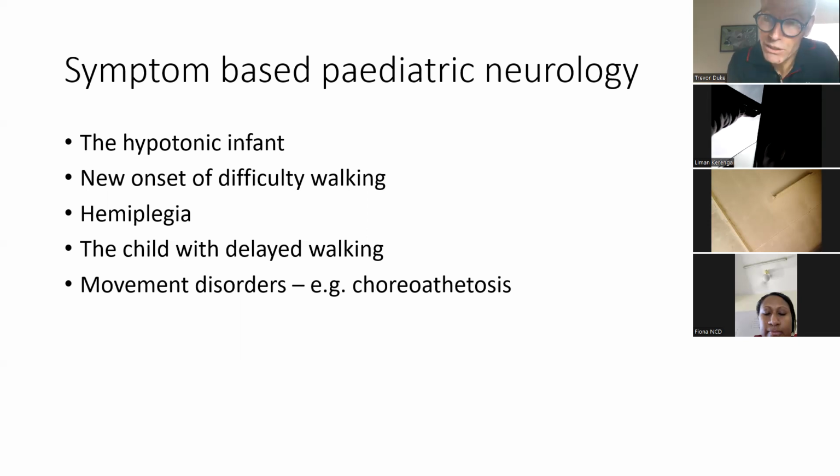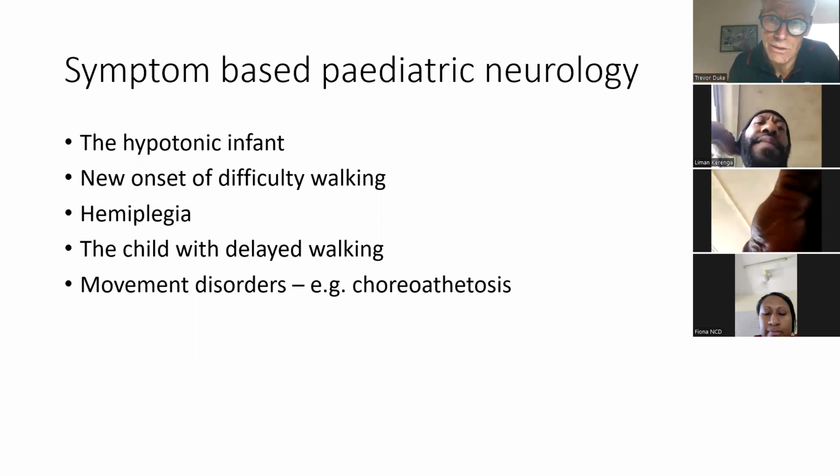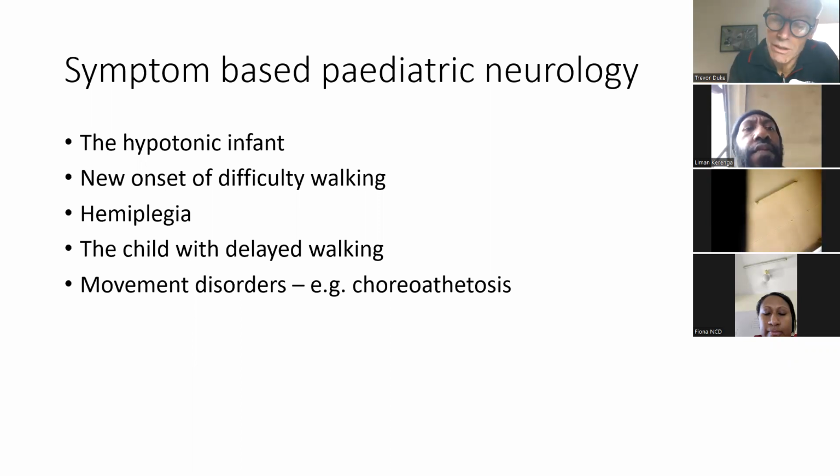Or we might be faced with a child with a hemiplegia, or a child with delayed walking, that is, the child never walked up until the age of 2 or 3, and a parent brings their child along with a problem with their walking. Or it might be a movement disorder, for example, chorioathetosis. So there are more symptom-based problems that children come along with, but I just wanted to go through a few of those today.